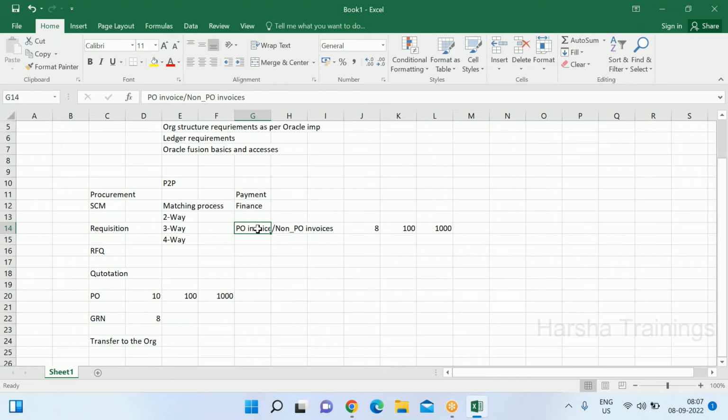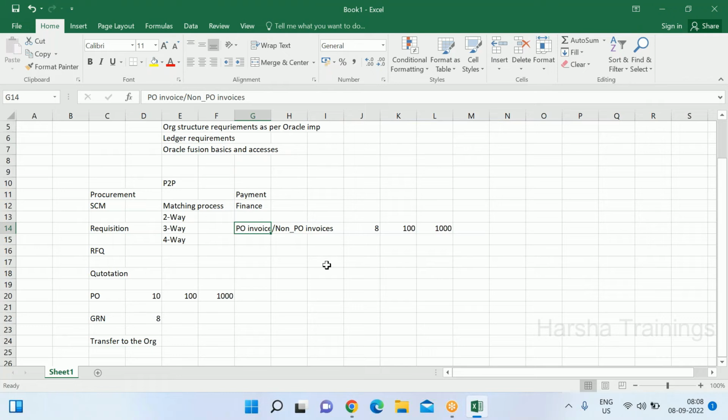Okay, so this is three-way match. Here, three activities are involved in three-way match and four-way match. And yes, while paying the invoice, it has to match. If it is not matching, then we have some accounting. I will explain that accounting once we get into the accounting part or once we get into the system.